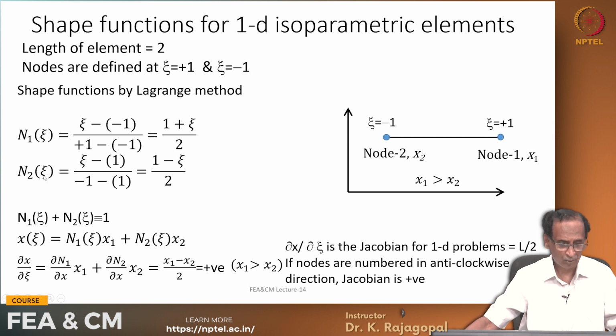And similarly N2 of xi is (xi minus 1) divided by the coordinate at this point, -1, minus the coordinate at the other point, 1, so that is (1 minus xi) by 2. And these are the 2 shape functions that we get.